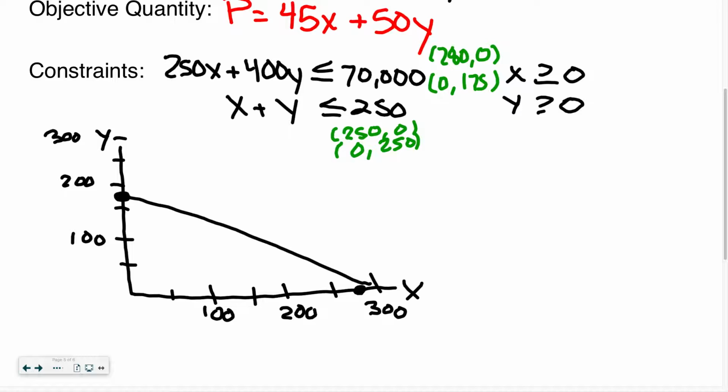And then plot my 250s. Draw a solid line. Test my shading. 0 is less than 250, so I'd be shading towards the origin. I have a bounded region.